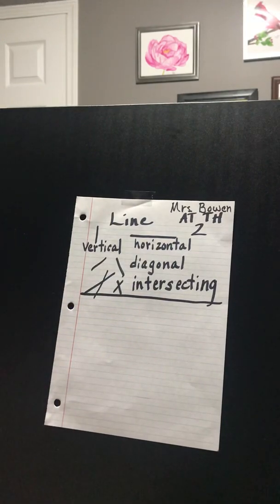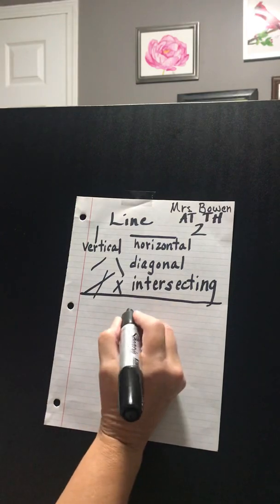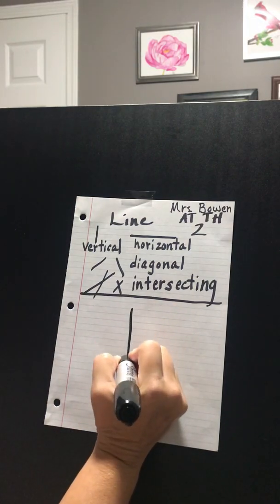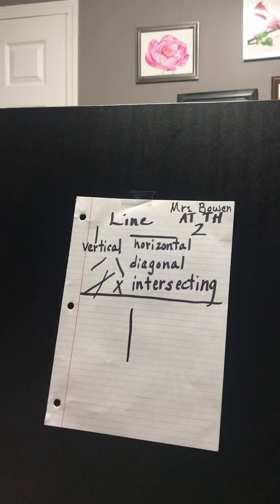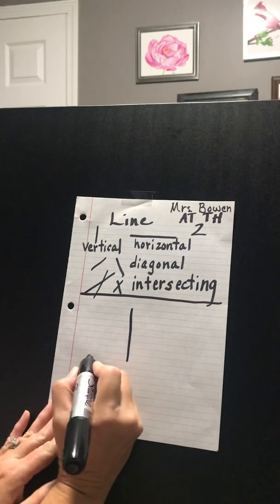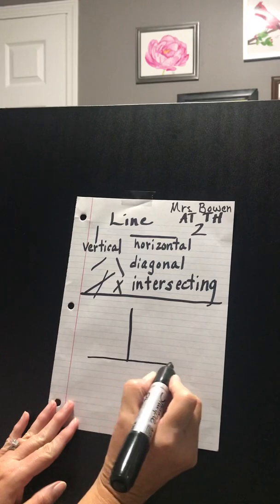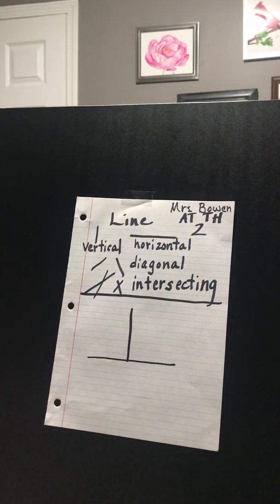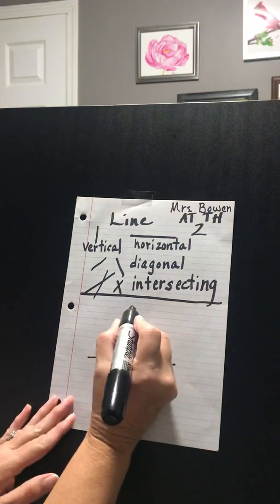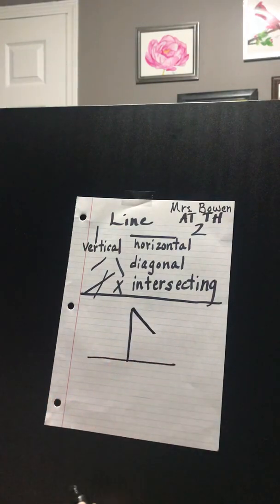So let's try that. Let's draw a big vertical line like that. And then let's draw us a horizontal line like that. Let's do a diagonal line here.